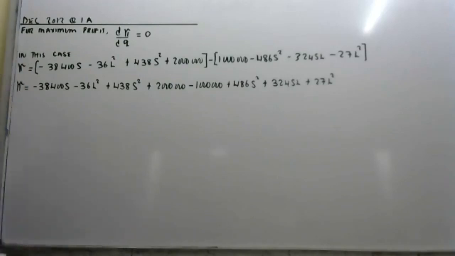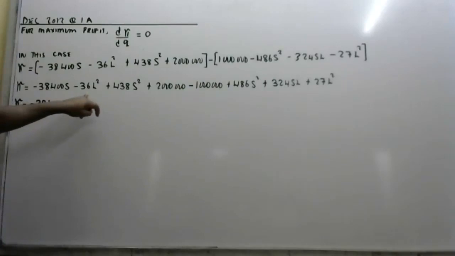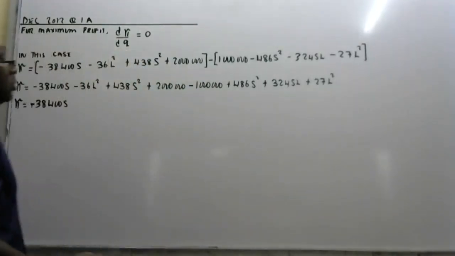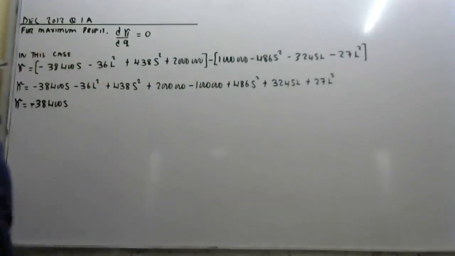So let's put the right terms together. So we are going to have pi being equal to, this S does not have a colleague, so it will remain on its own, so that we have minus 38,400S. This L squared will join this one. So minus 36 plus 27 will be minus what?